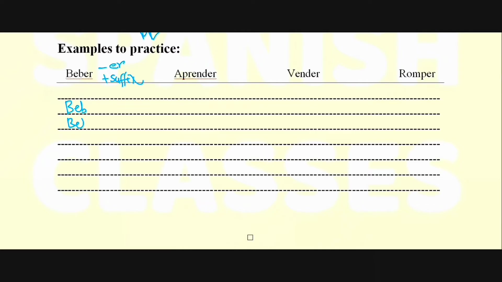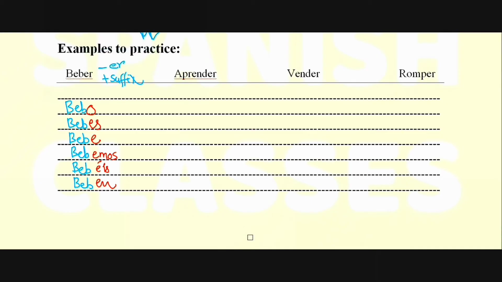Root word is beb, written 6 times. What will we add? O, as, a, amos, éis with accent, en. Bebo, bebes, bebe, bebemos, bebéis, beben.